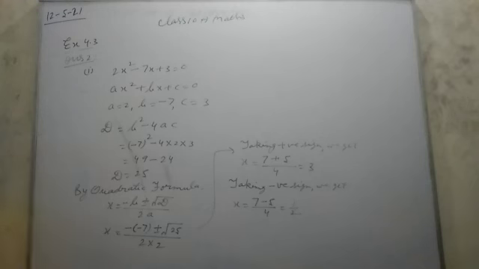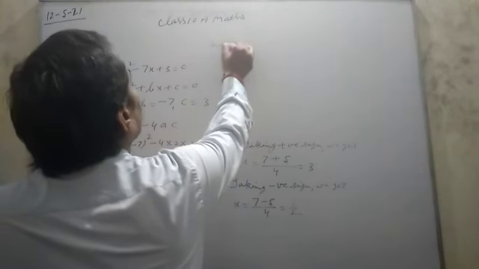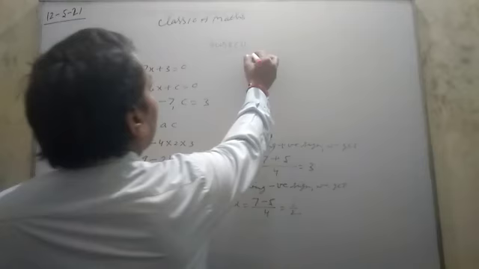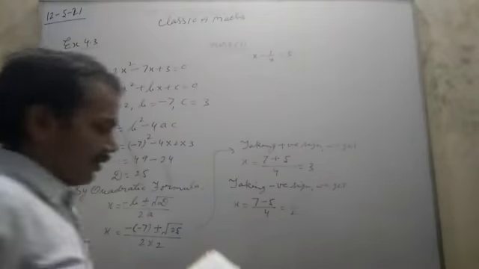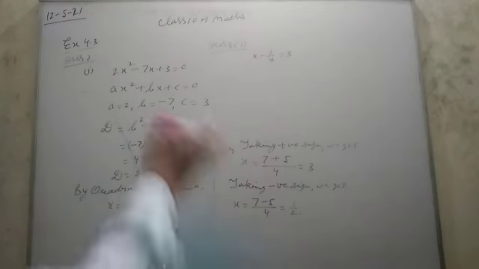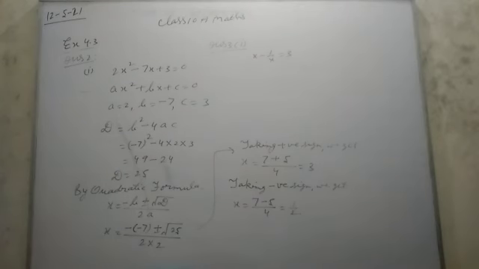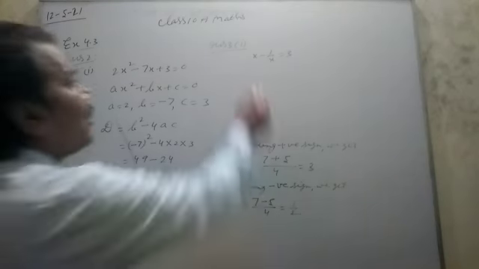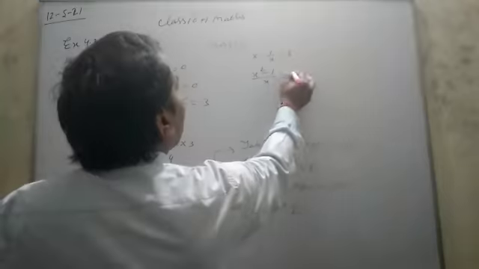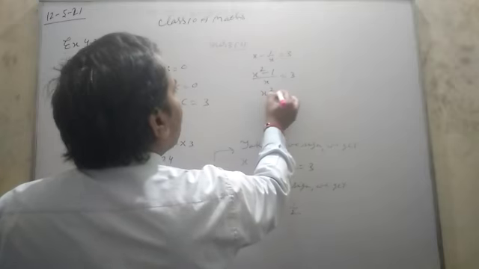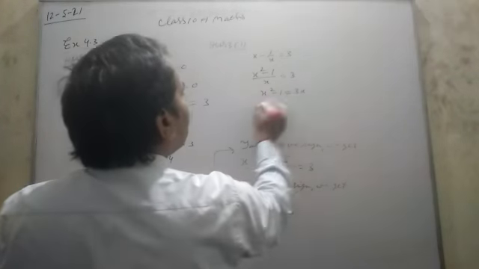In question number 3 also the method is not given. So question number 3, the first part: x minus 1 upon x is equal to 3. Here the method is not given, so we can use the quadratic formula or completing the square. Take the LCM and simplify: x square minus 1 is equal to 3x.